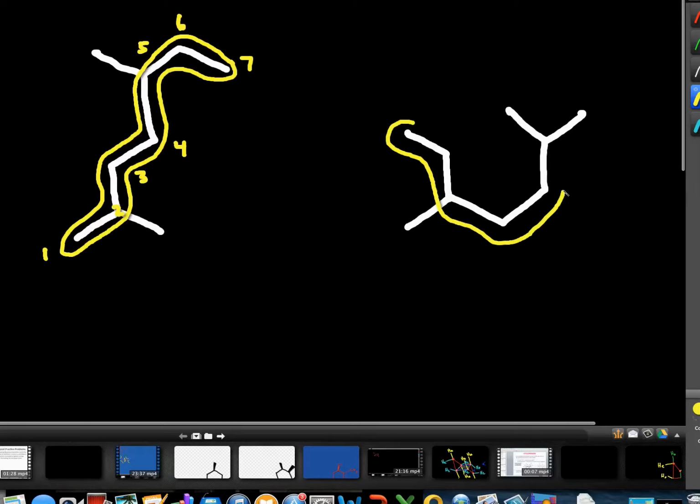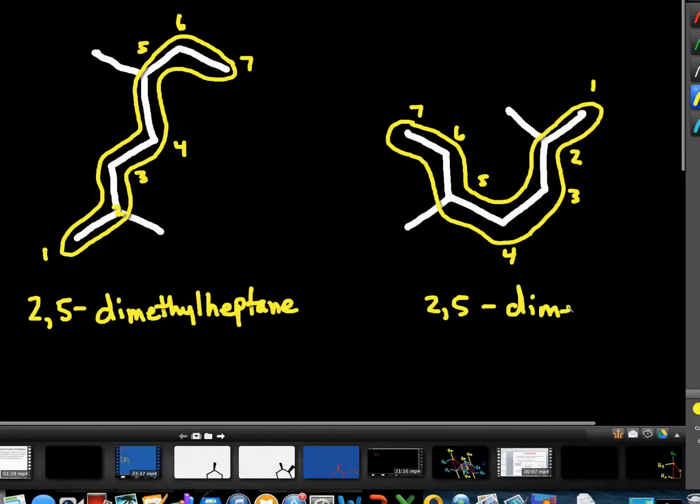This is going to be 2,5-dimethylheptane. This is also going to be 2,5-dimethylheptane. So these are identical molecules.